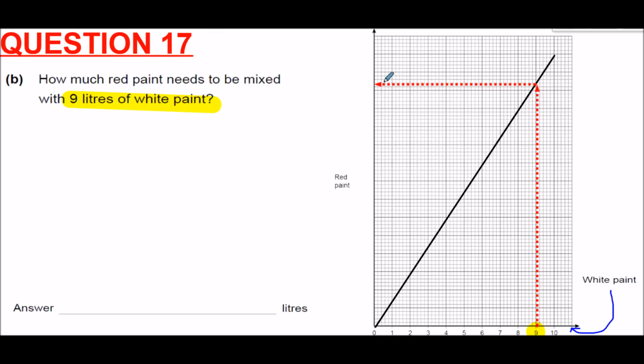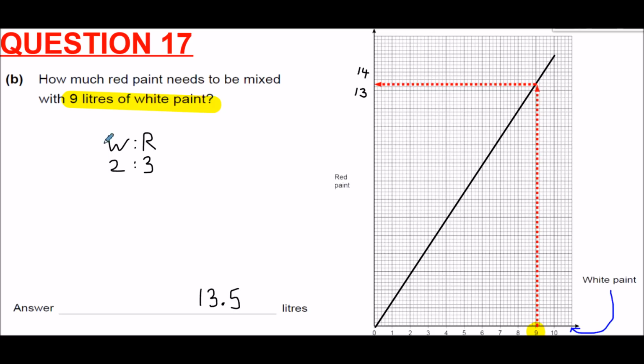Now that's only because my graph isn't quite perfect. It looks closer to 13 than 14, but actually it would be exactly 13.5. I'll try and explain why now. So the ratio of white to red, as before, was 2 to 3.